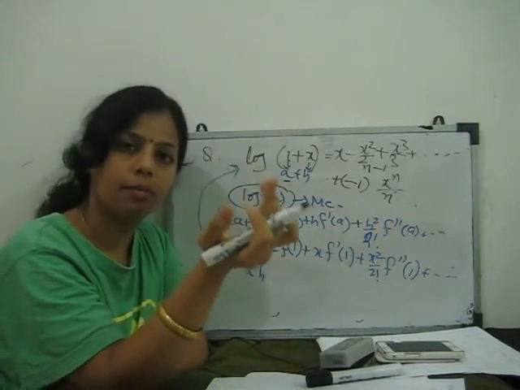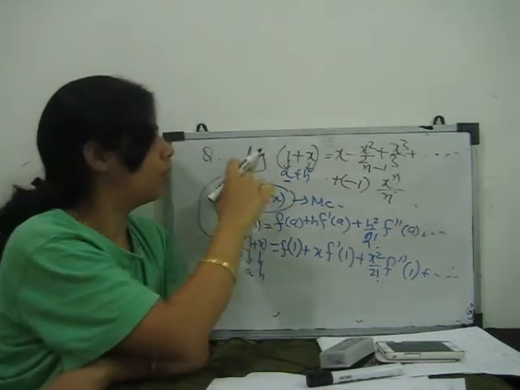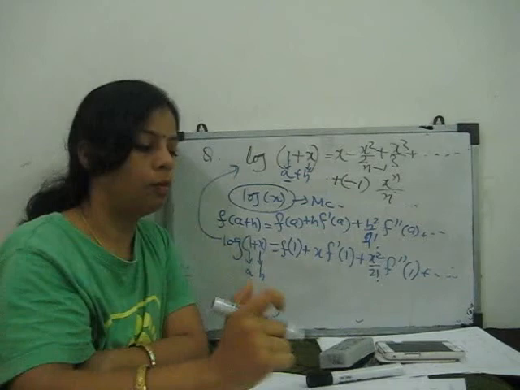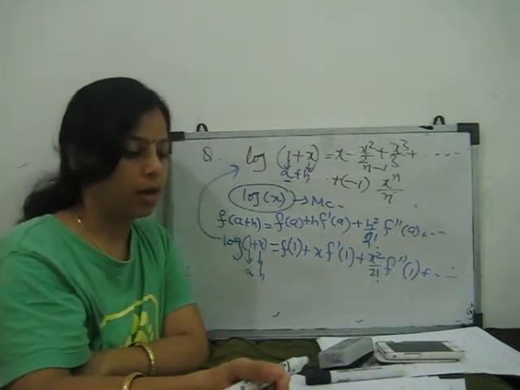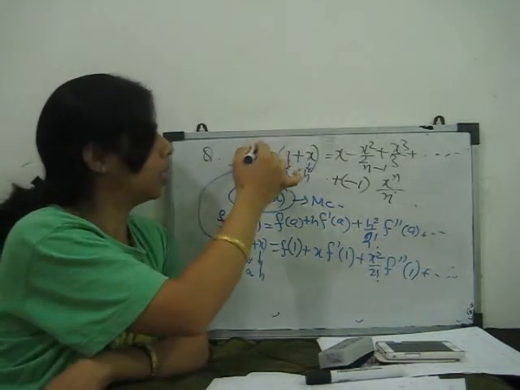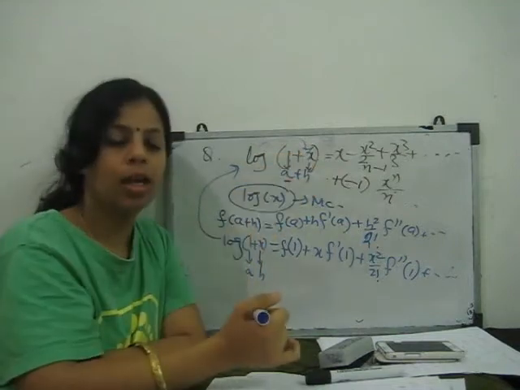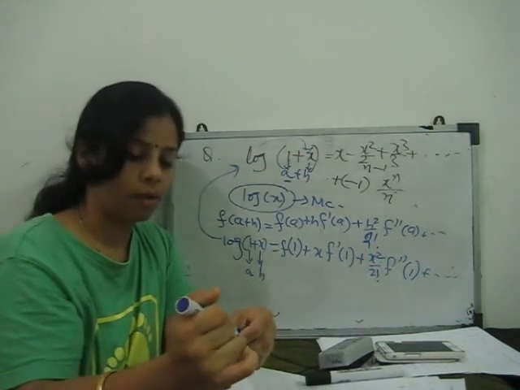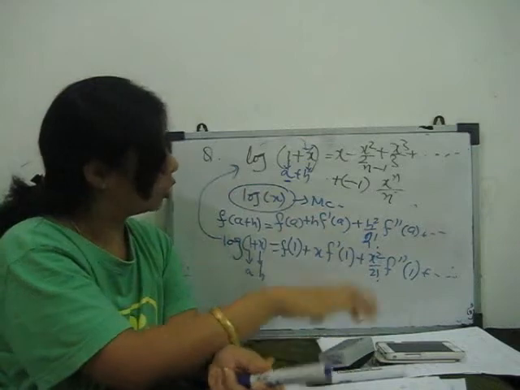Now, same as Maclaurin, you have to find your function, which is log of x. We have to expand our function and then substitute the value.